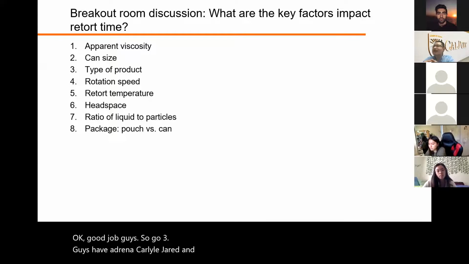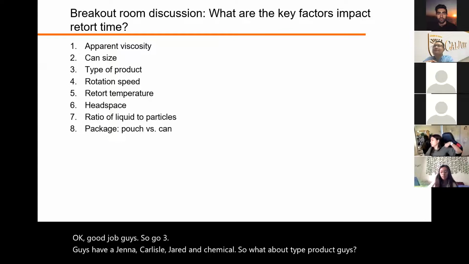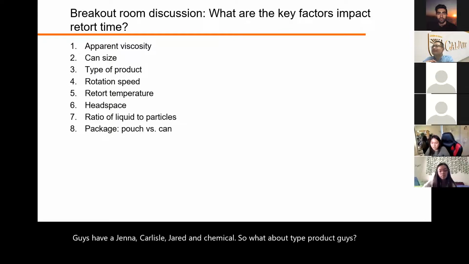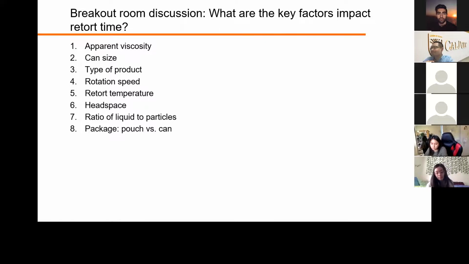So group 3, you guys have Adriana, Carlisle, Jared, and the chemical. So what about type of product, guys? We just talked about the viscosity of the product, and also whether it's low acid, medium acid or high acid, or what the pH of the food would be, because that's all dependent on it.